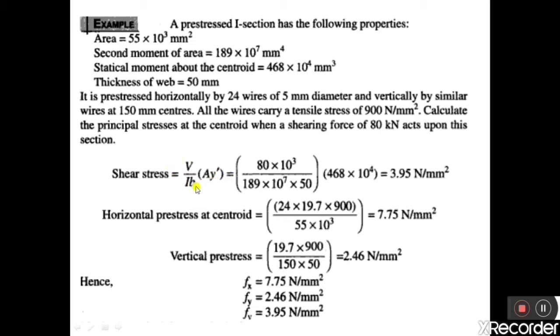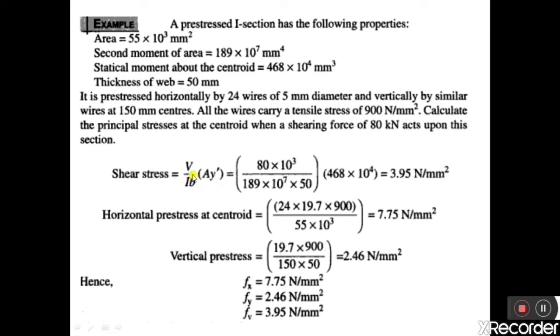This formula is used when the statical moment about the centroidal axis is given, and when they ask us to calculate the shear stress at a certain distance above or below the centroidal axis.